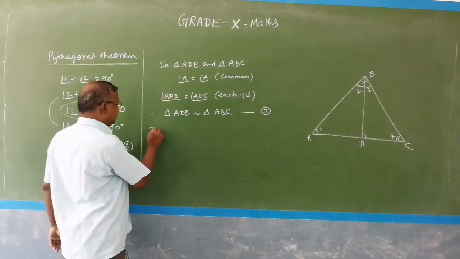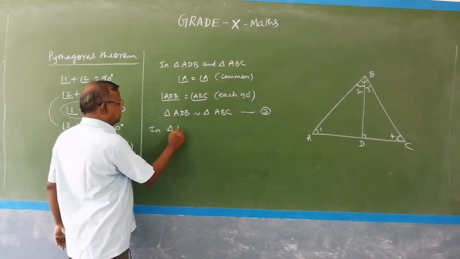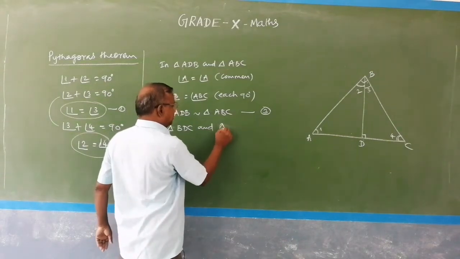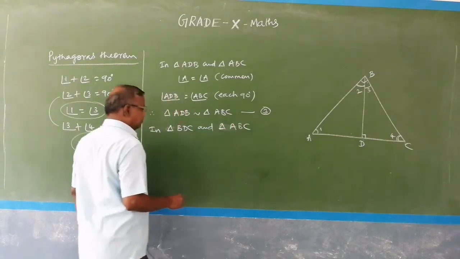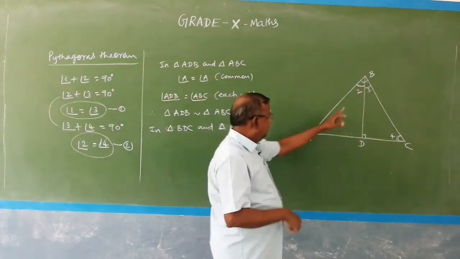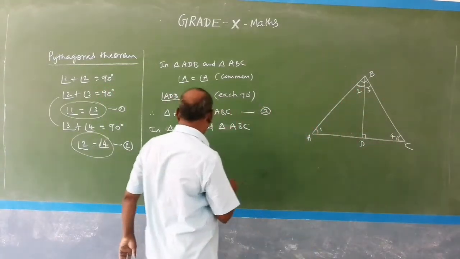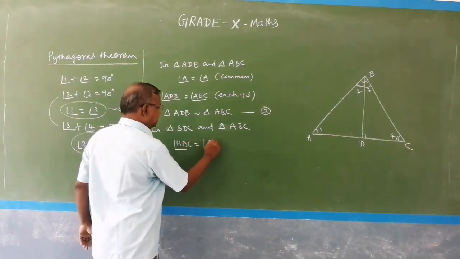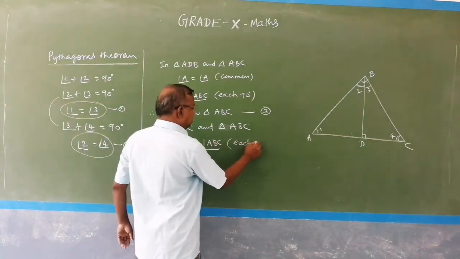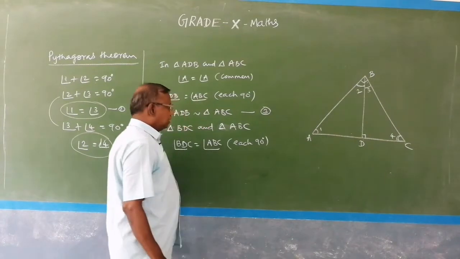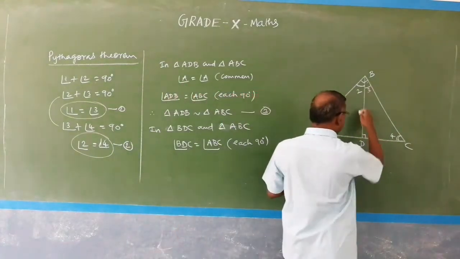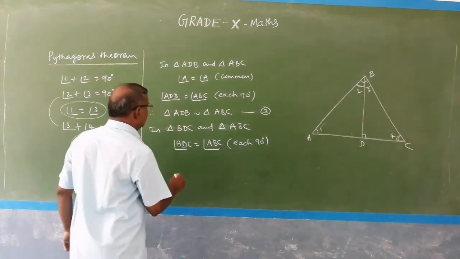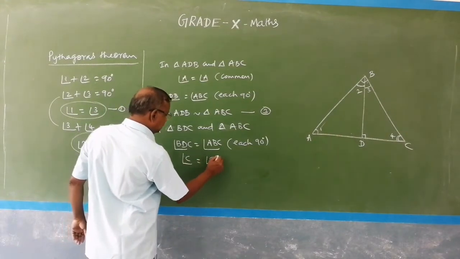In triangle BDC and triangle ABC, we have angle BDC equal to angle ABC, because each is 90 degrees, and angle C equal to angle C, common.